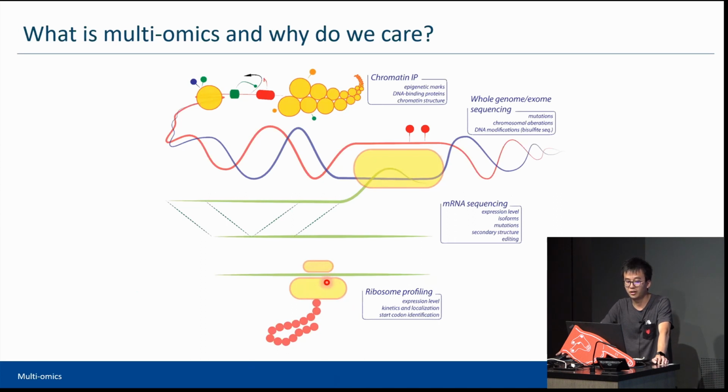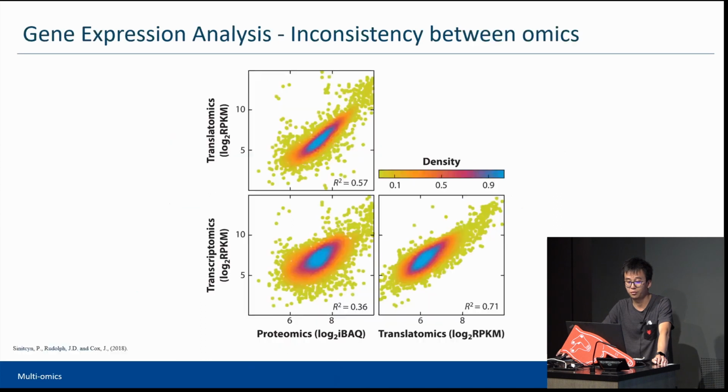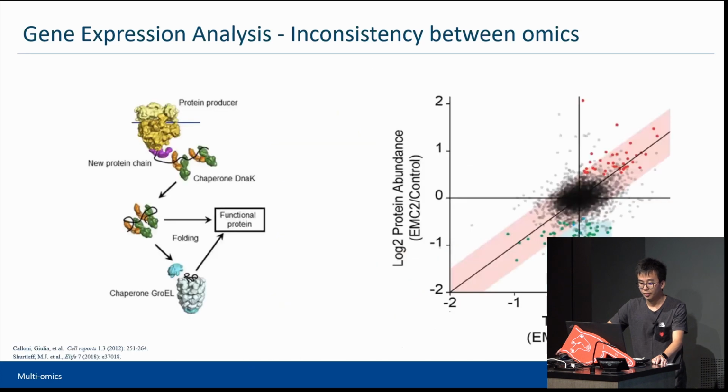You think probably they all get translated and converted to protein, but here you can see the R-square is just 0.57, so it shows that we cannot really get the functional information just based on the transcriptomics or even translatomics.